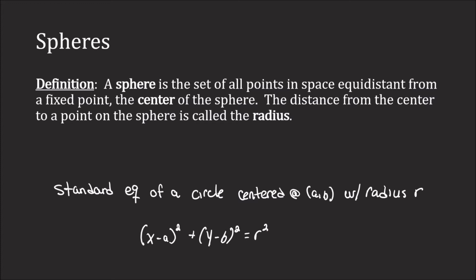Well, since this is the exact same definition, it would make sense that the standard equation of a sphere would be the same, except we should be adding a third coordinate. Well, let's go ahead and see if this is true.